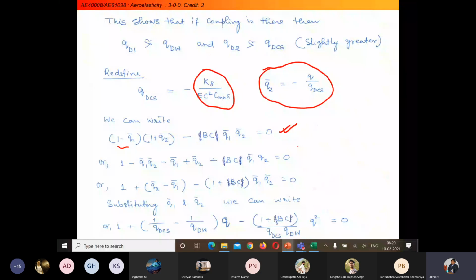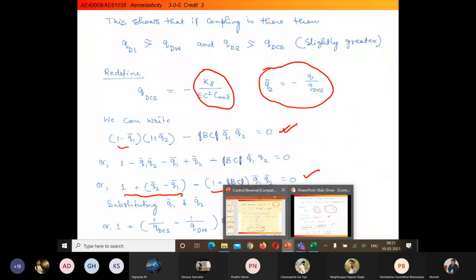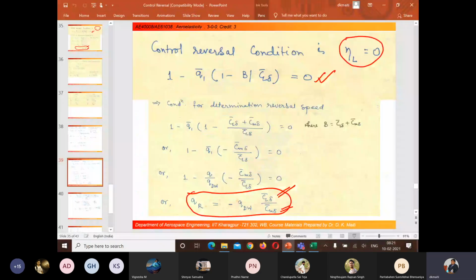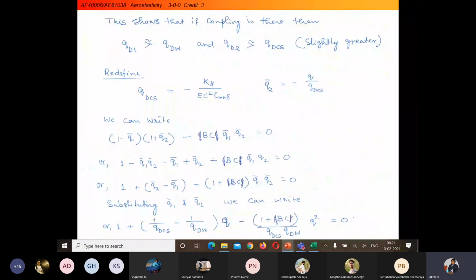Substituting Q1 bar and Q2 bar, we get 1 plus 1 by QD control surface minus 1 by QD wing multiplied by Q, minus 1 plus BC divided by QD control surface multiplied by QD wing. So we are getting this quadratic equation.